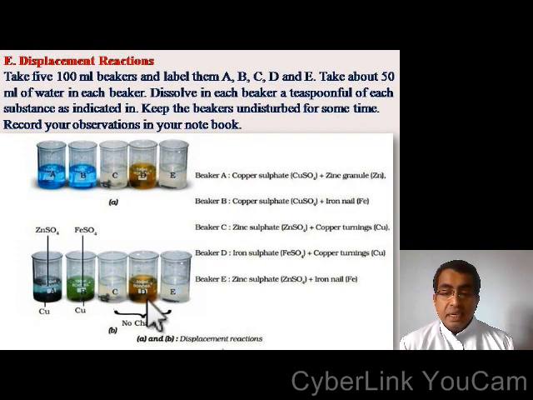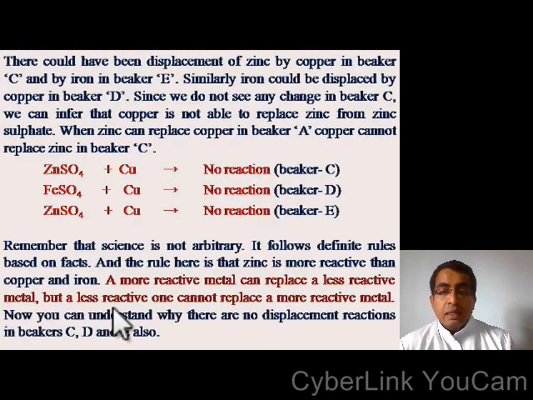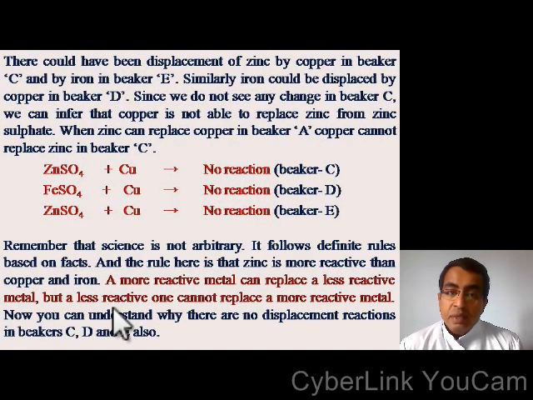You can see in these three cases, beakers C, D and E, there is no change at all. There could have been displacement of zinc by copper in beaker C and by iron in beaker E. Similarly, iron could be displaced by copper in beaker D. Since we did not see any change in beaker C, we can infer that copper is not able to replace zinc from zinc sulfate.